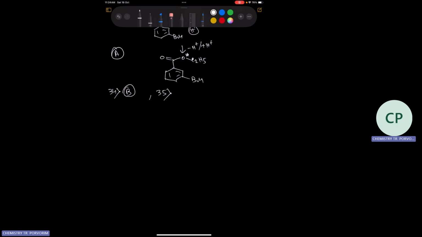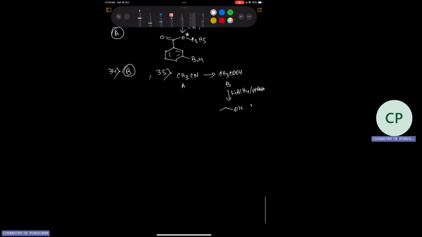Next, 35. If A is methyl cyanide, CH3CN, and after A, H3O plus is used, we get CH3COOH, which will be B. Then lithium aluminum hydride, LiAlH4 in ether, gives CH3CH2OH.